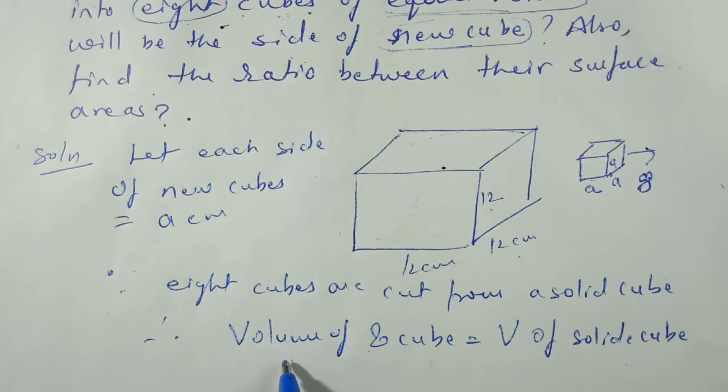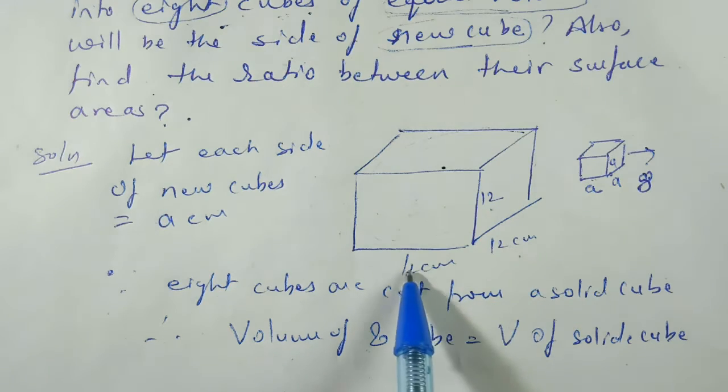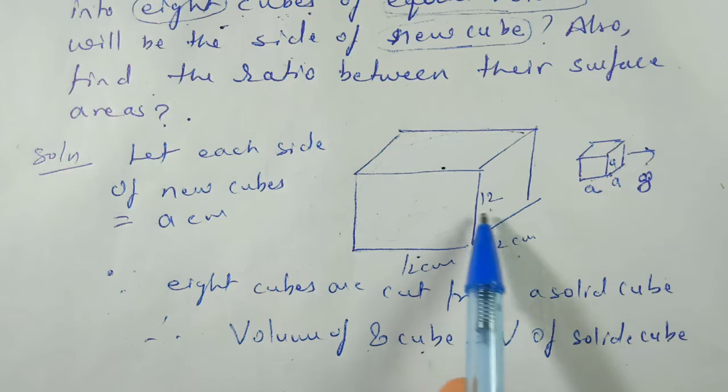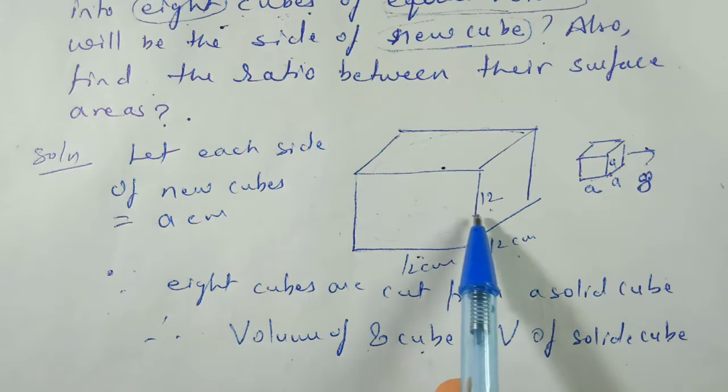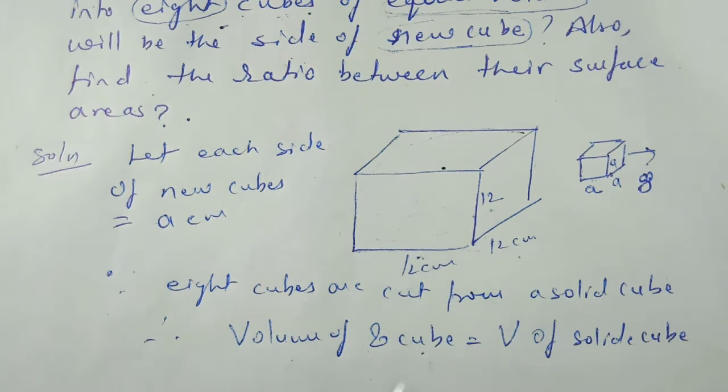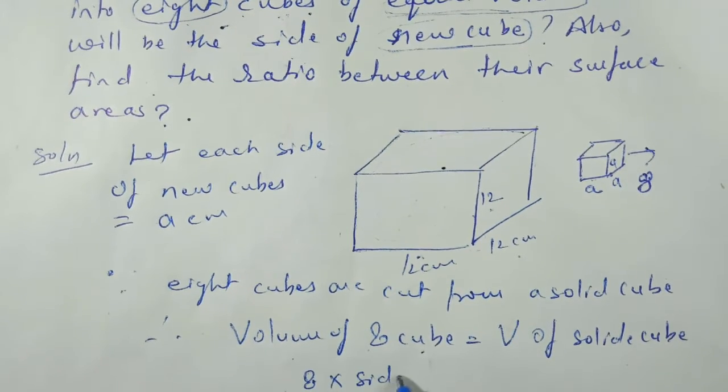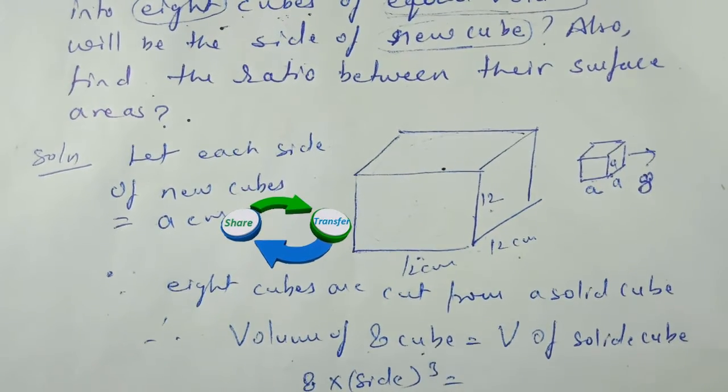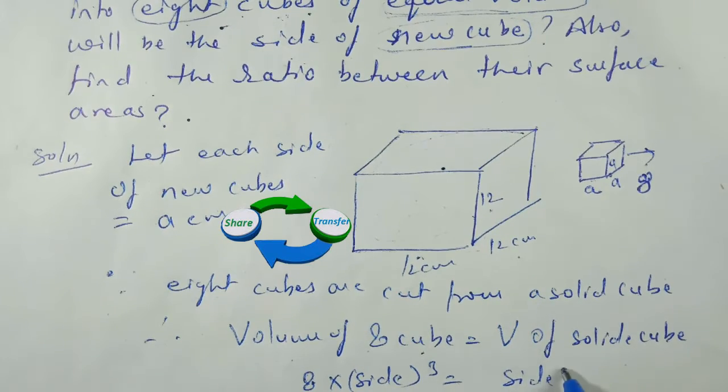Now we have to remember the formula for finding the volume of a cube. Volume of a cube means we multiply the length, breadth and height. It means A into A into A, side cube. So 8 into side cube is equal to, here also side cube.